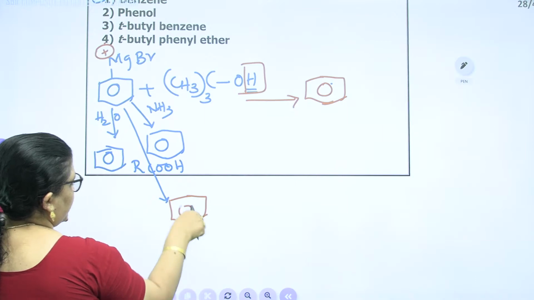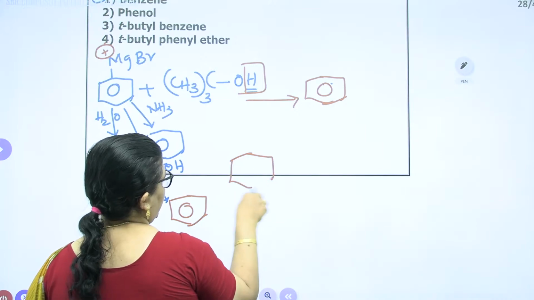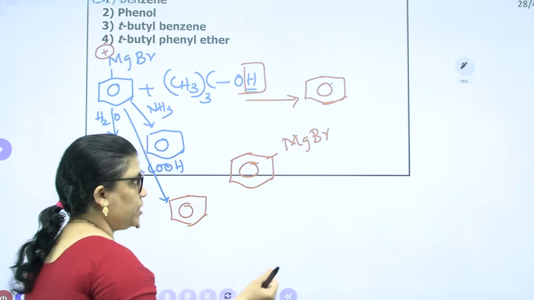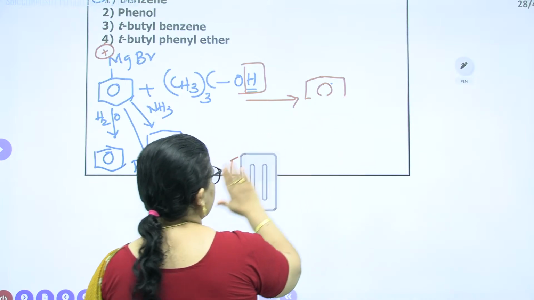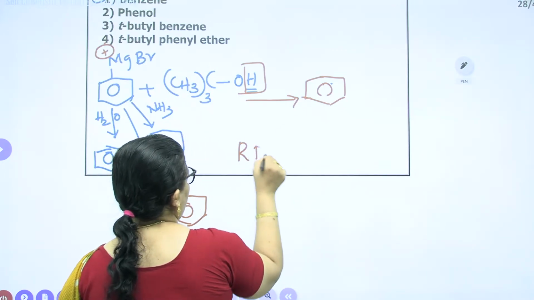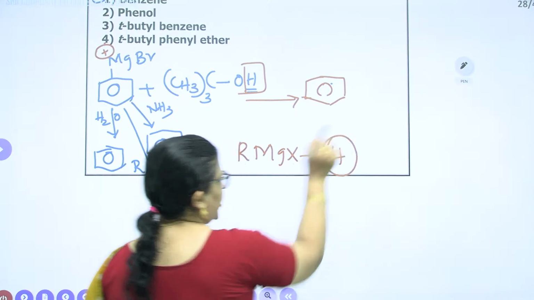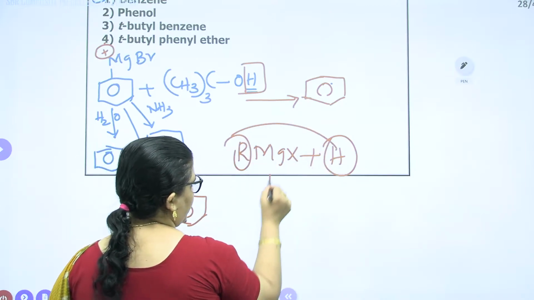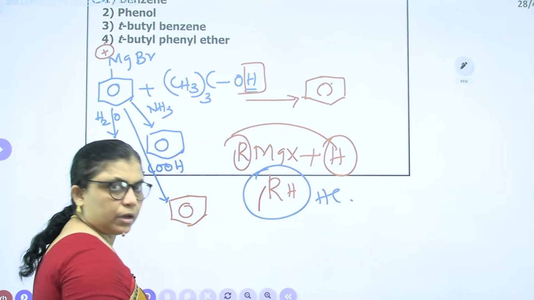That means that when a Grignard reagent, RMgX, RMgBr, whatever it may be, is treated with a molecule containing active hydrogen, it will take up H to form R-H as hydrocarbon.